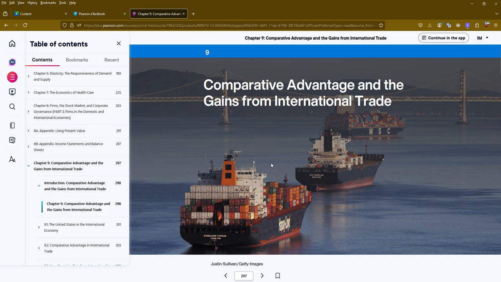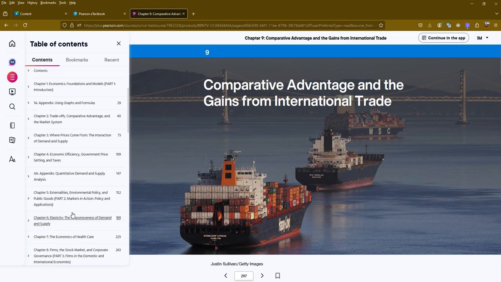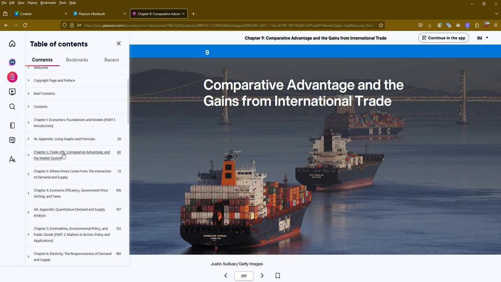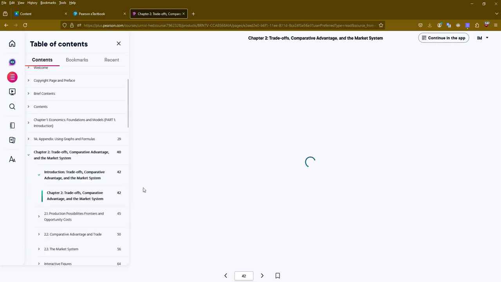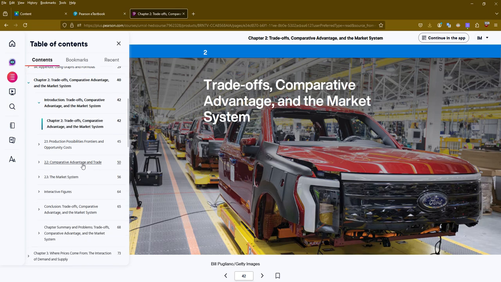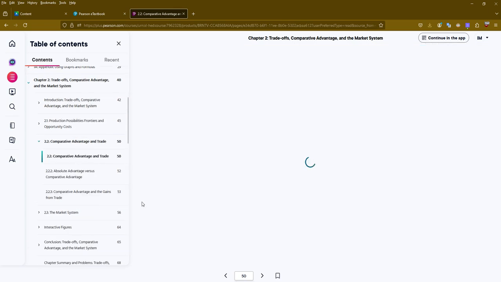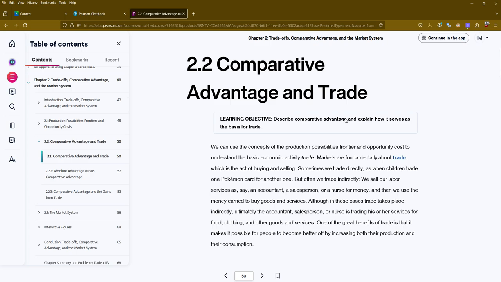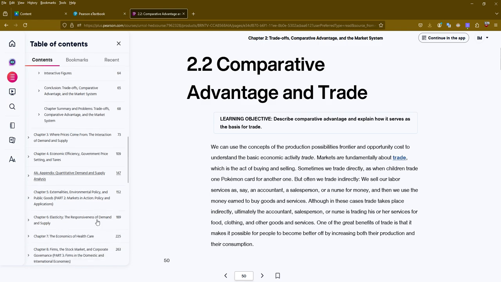So comparative advantage and gains from international trade is chapter 9. And as you might remember, it's going to tie very closely to chapter 2, right, where we talk about comparative advantage and trade. So if you're uncertain on this, you don't remember this from our first exam, you might want to go back and review that.